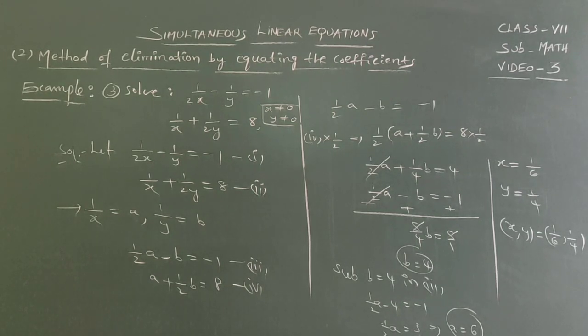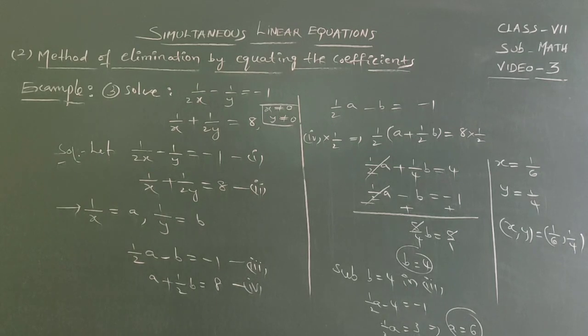Then it becomes half a plus 1 by 4 b equal to 4. The third equation, half a minus b equal to minus 1, we have. Now we got the coefficient of a with the same sign and same coefficient. That's why subtract. After subtraction we got the value of b as 4. By substituting the value in the third equation, you will get the value of a as 6.